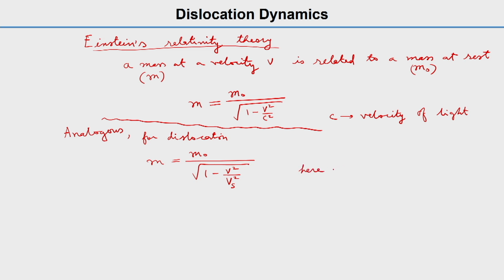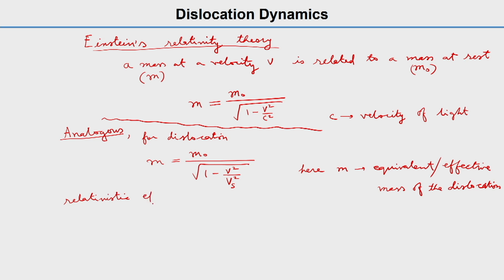Here m is the equivalent or effective mass of the dislocation. Okay. So this is analogous. That's why we call this a relativistic effect. This is known as relativistic effects on dislocation motion.